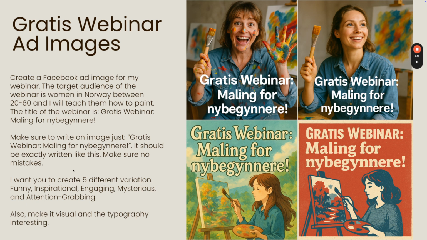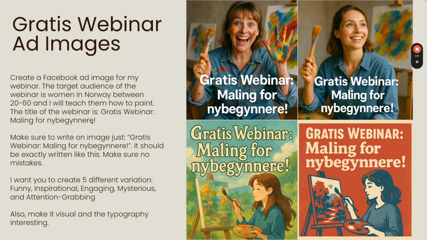So this is the prompt that you can use to create images for your webinar ads. I just used a random topic for the webinar to show you what kind of images it can generate. By the way, these are not real humans. Of course, this is created from AI, so no one like this exists. I wrote something like: create a Facebook ad image, target audience.